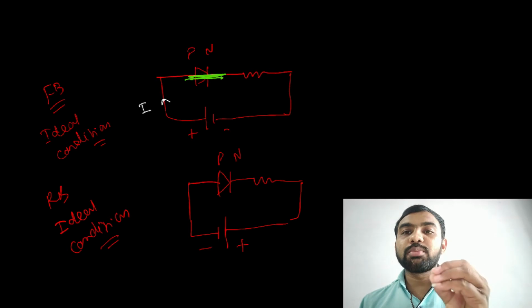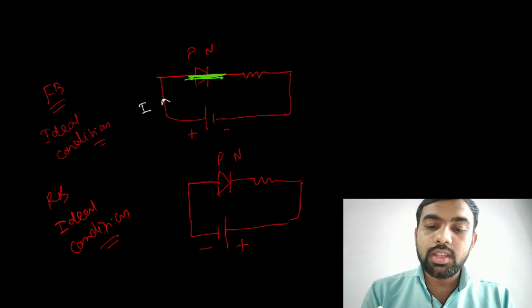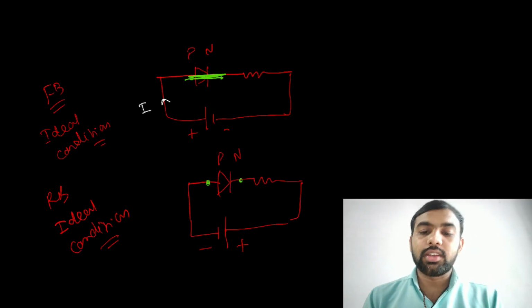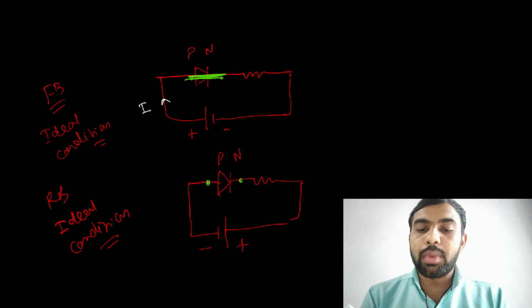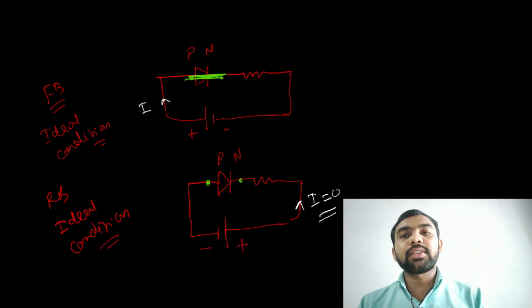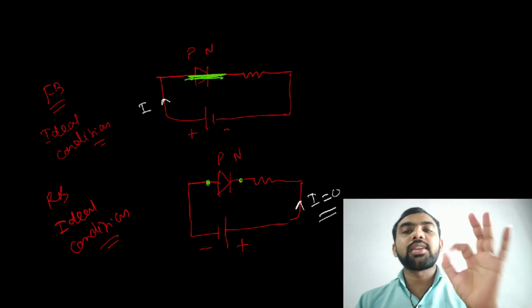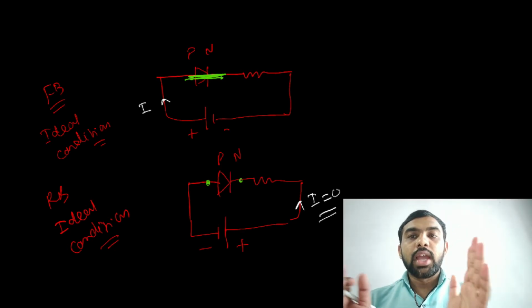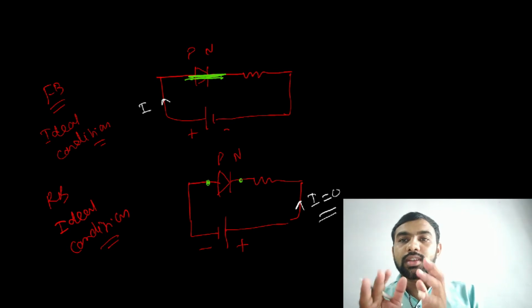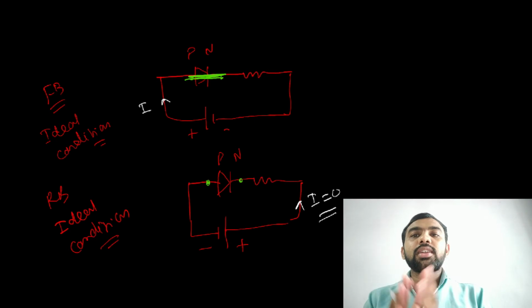At that time the diode breaks the circuit, meaning nothing is connected, so current is not allowed to pass through it. So I is equal to 0. When the diode is in reverse bias, current does not pass through it, and when it is in forward bias, current passes through it. In our case right now we consider the ideal condition.